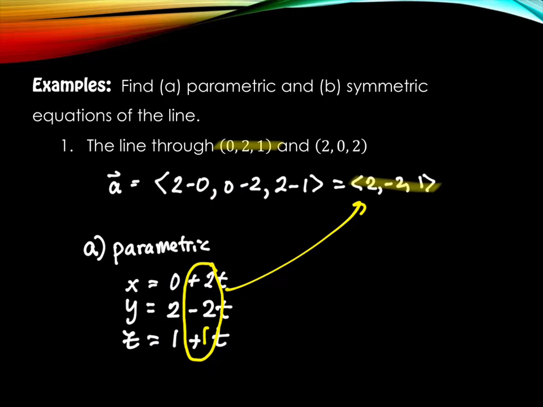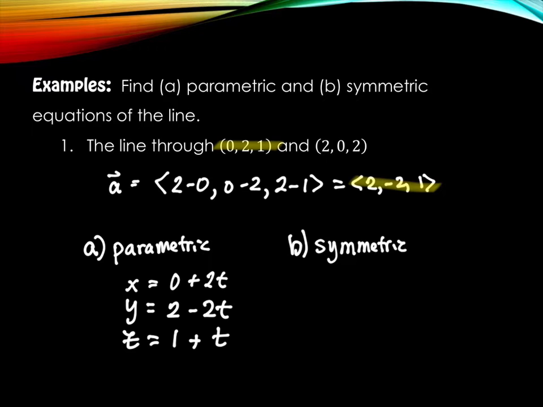Okay, and then we can find the symmetric form as well. So B is the symmetric. For symmetric, we have x minus the x value, which was 0, divided by the direction vector's value, which was 2, equals y minus 2, the y coordinate value, divided by the y direction value, which is negative 2.